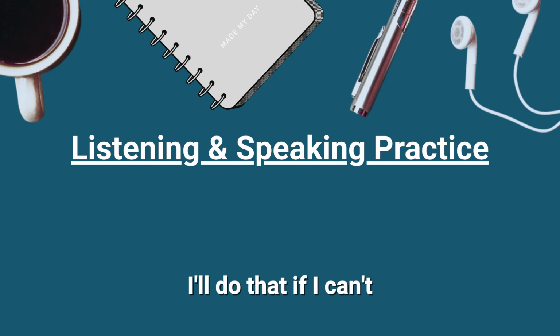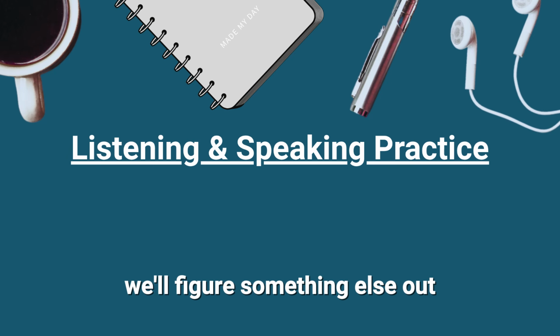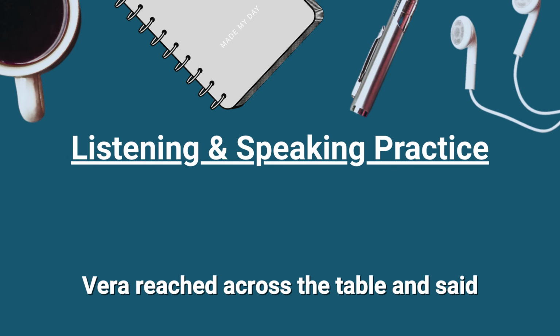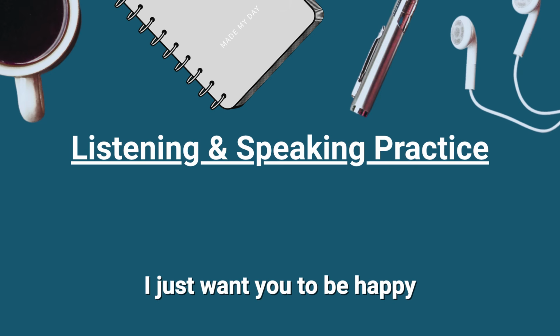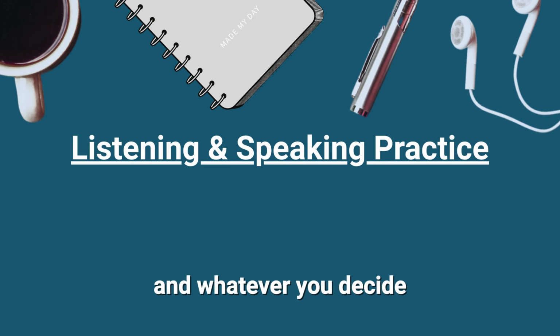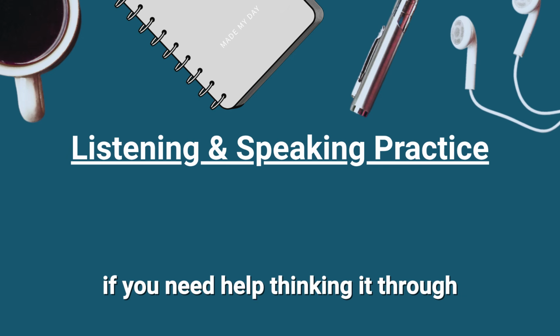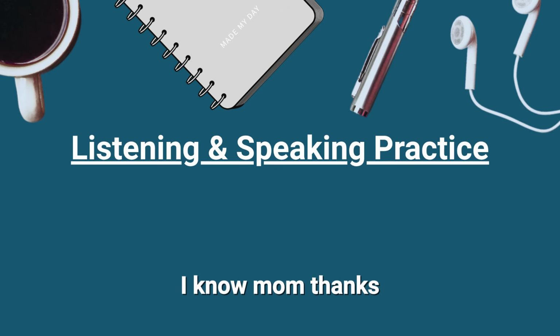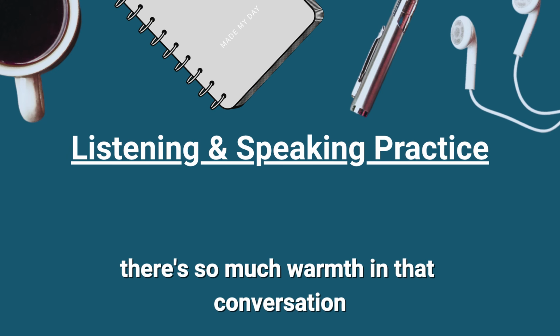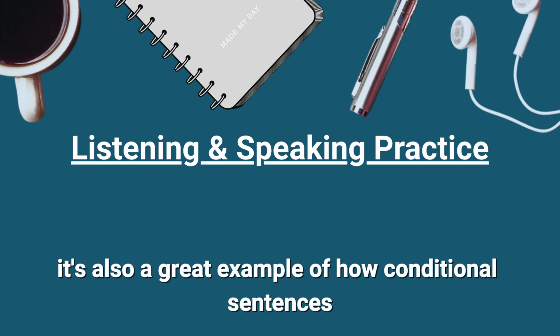If I can't, we'll figure something else out." Vera reached across the table and said, "You know, whatever happens, I just want you to be happy. And whatever you decide, if you need help thinking it through, I'm here." Eli smiled a little. "I know, Mom. Thanks."